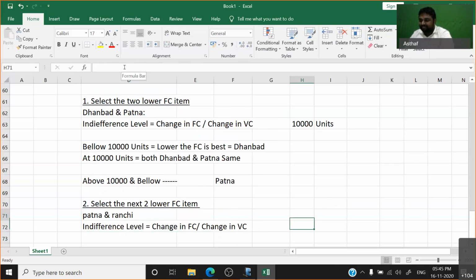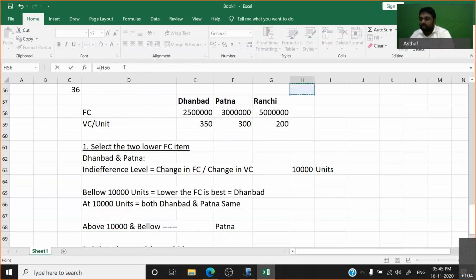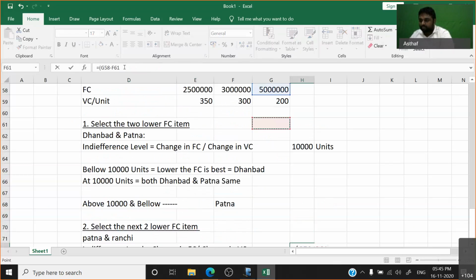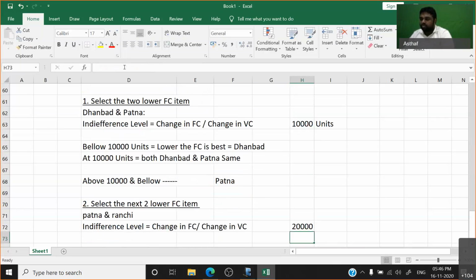Everyone look here. What is the change in fixed cost? 50 lakh minus 30 lakh. The answer is 20,000 units.